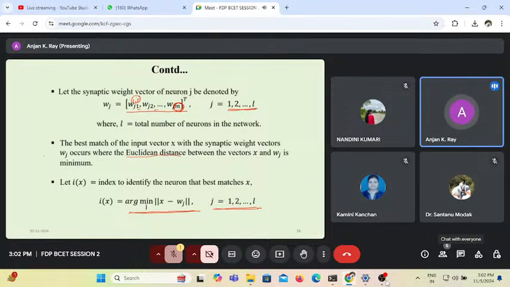For neuron 1, let the distance between the weight space and the input space be d1. Similarly, for L neurons, I may have d1, d2 to dL. So what is the minimum distance? The minimum distance is the minimum of dj for j equal to 1 to L. So this is the concept. I have to calculate this distance from the input space to the weight space and find out the minimum distance over all neurons.